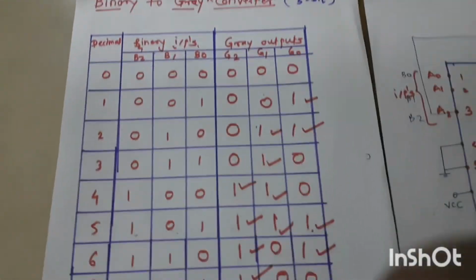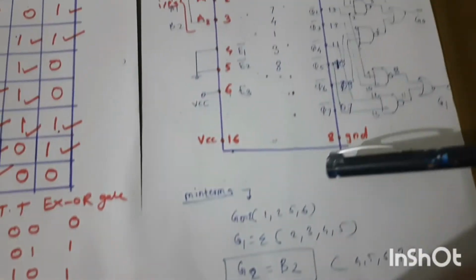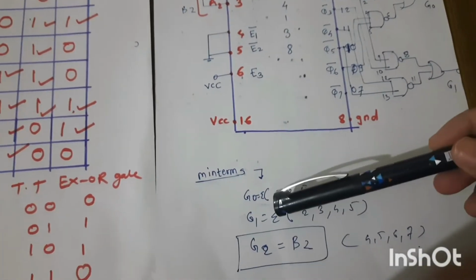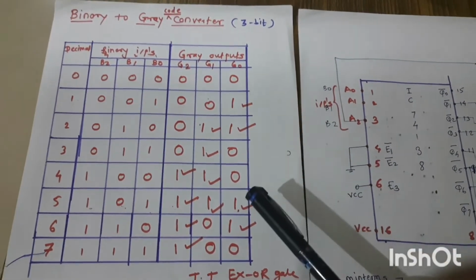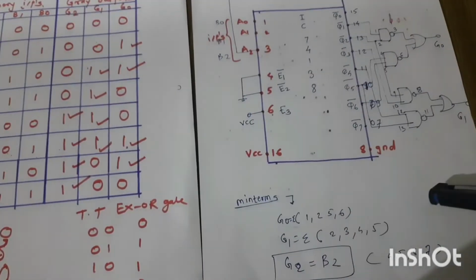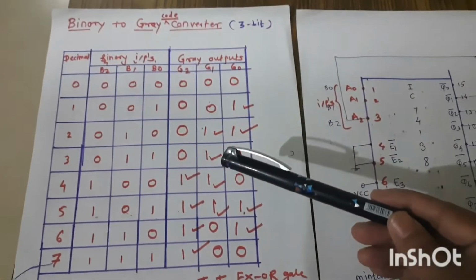We have just seen the binary to gray code converter and we have seen the minterms, that is G0, G1 and G2. So if you see in the truth table, minterms for G0 are 1, 2, 5 and 6. We have already written here. For G1 that is 2, 3, 4 and 5.